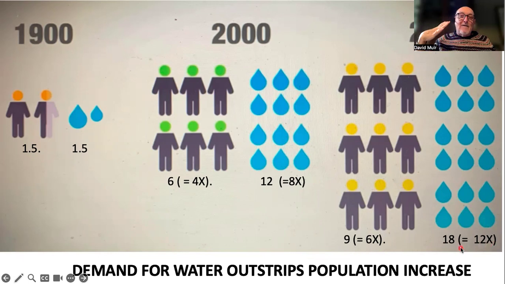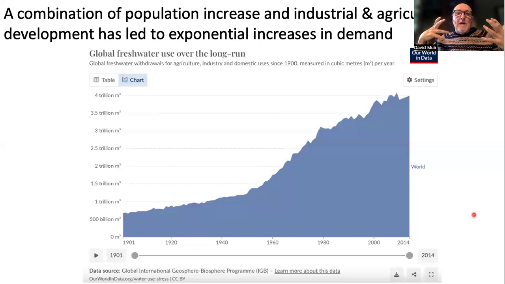And remember, however, that by 2100, we will stabilize at 11, 12 billion, somewhere around there. But our projected water usage at that stage will also somewhat have stabilized, but will still be extremely high. So what is driving the rate of water usage to increase so much faster than the actual population increase? Of course, the answer is that in addition to the increase in population, the population itself is demanding more.